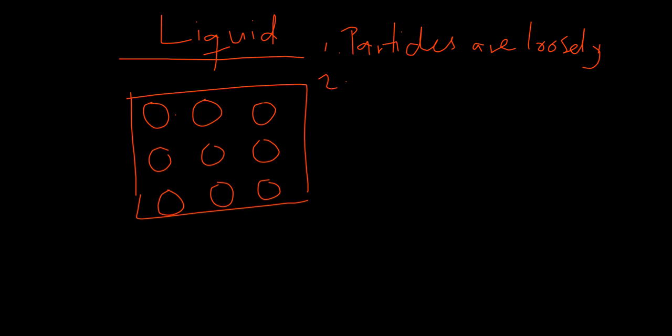Try another shape of container, and it will take up that shape too. So as you can see, the shape of the water or liquid keeps on changing based on the containers that hold it. So liquids do not have a fixed shape.